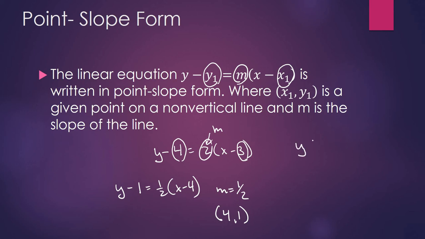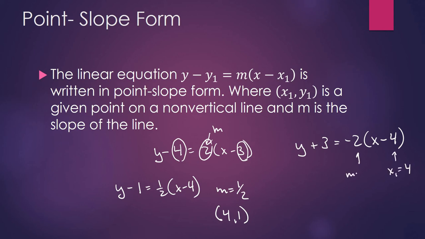What if I had y plus 3 equals negative 2 times x minus 4? Well, the original model says x minus x sub 1. So x sub 1 is 4. My slope is negative 2. But this doesn't say y minus. My original equation says minus here, and this says plus.